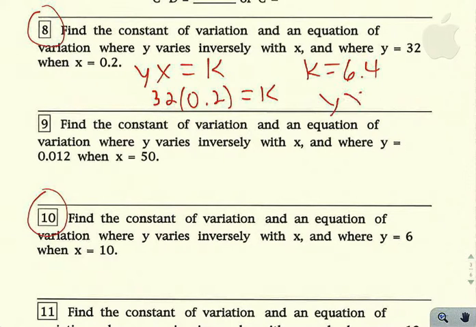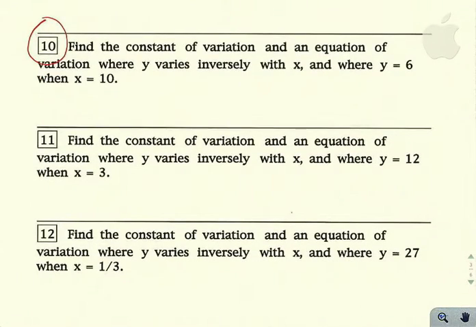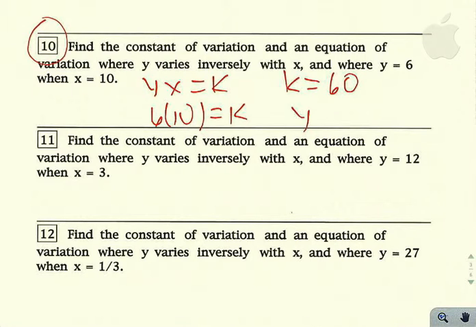And that would make our equation yx equals 6.4. Number 10. Y varies inversely with x. So yx equals k, plug in y and x, and you'd have 6 times 10 equals k. K is 60. And that makes yx equal 60.